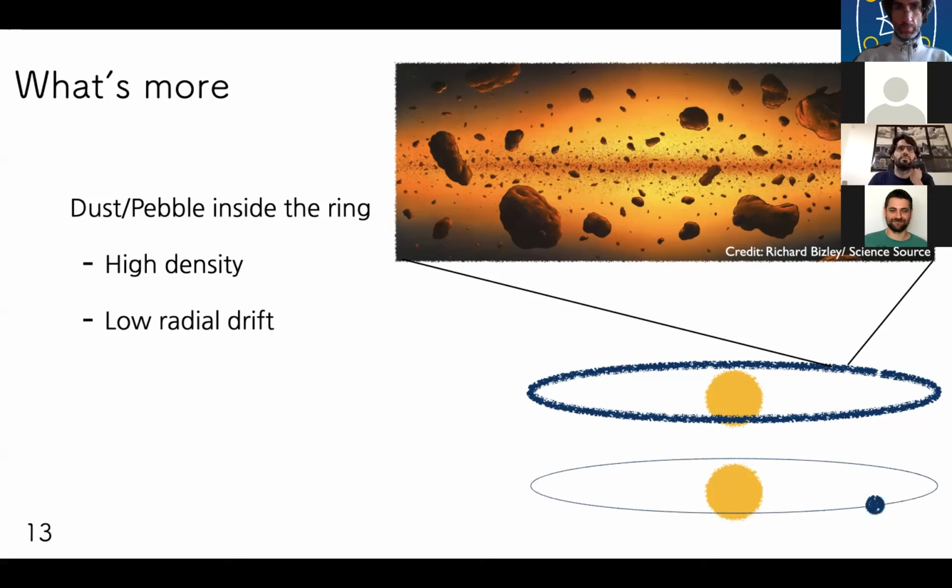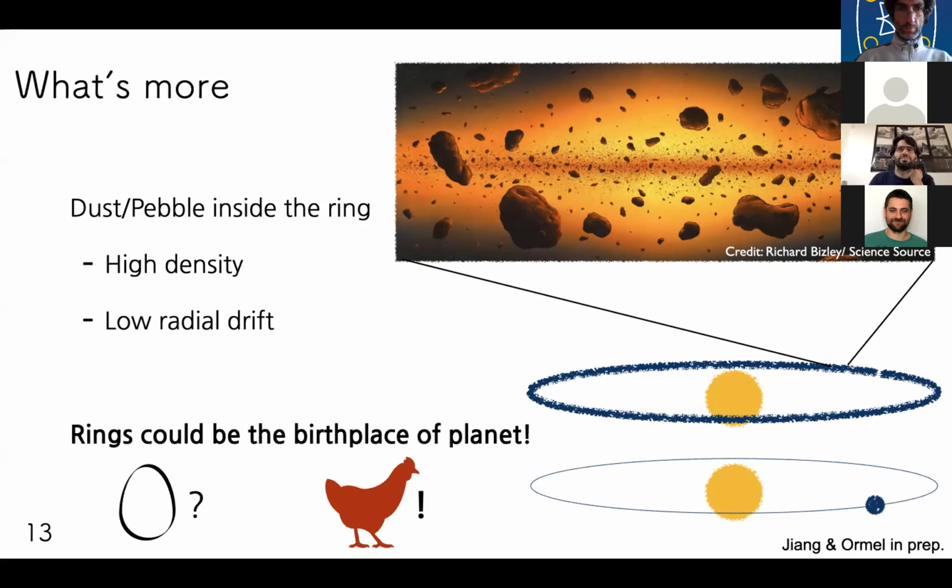Such a case perfectly meets the requirement for pebble accretion. So therefore, we propose that probably this ring is not an egg of this planet, but it could be the chicken, producing a planet. We have a manuscript on this topic in preparation, so hopefully it will come soon.